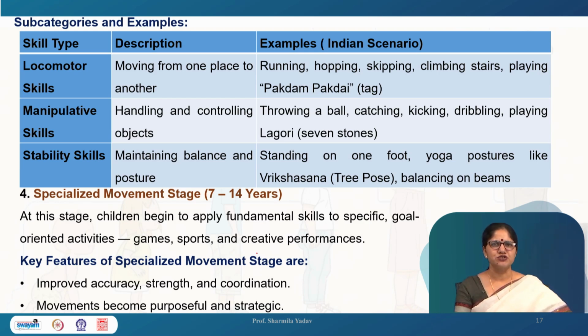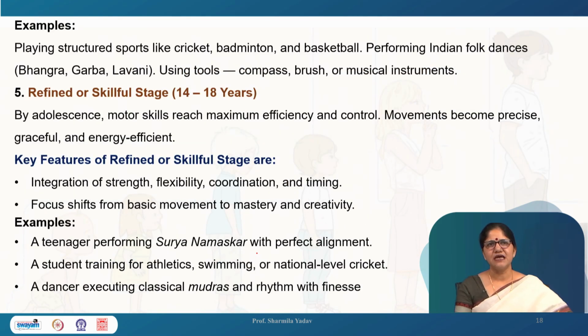Key features of the specialized movement stage: it improves accuracy, strength and coordination. Movements now become purposeful and strategic. Examples are playing structured sports like cricket, badminton and basketball, performing Indian folk dances like bhangra, garba, lavani, using tools like a compass, brush or musical instruments.